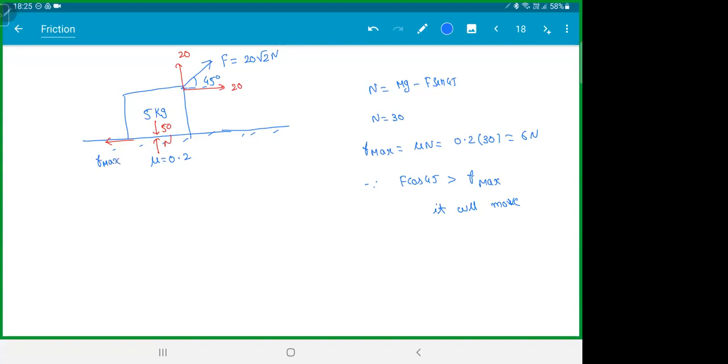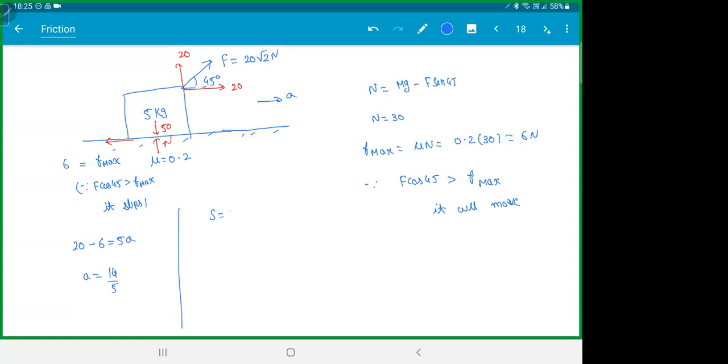You have to prove it will slip and then you put F maximum, or else you don't know. Since F cos 45 is greater than F max, it slips. How much is that? 6 newtons. Acceleration forward: 20 minus 6 is equal to 5a. Acceleration 14 by 5.